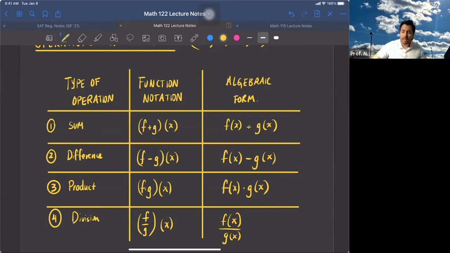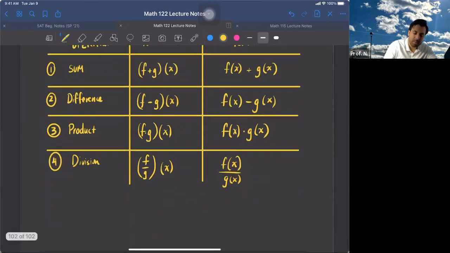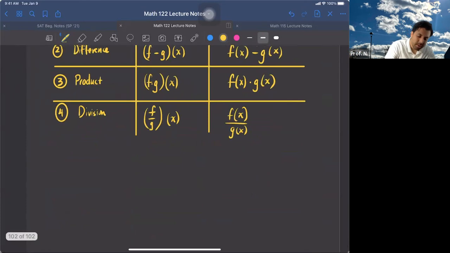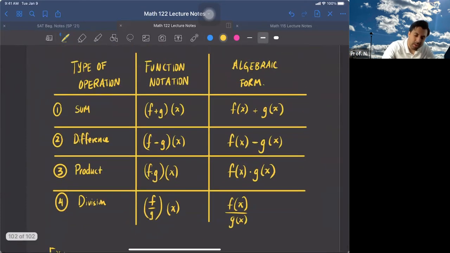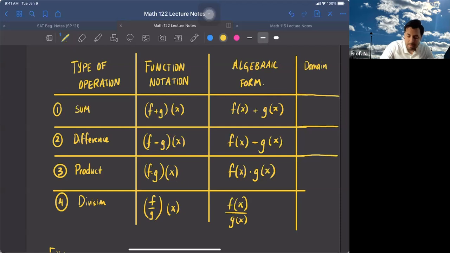Okay, so it doesn't seem too crazy, right? It doesn't seem like much of a problem. Let me give you a few examples. One thing to also include here is the domain, because we care about the domain of functions a lot.